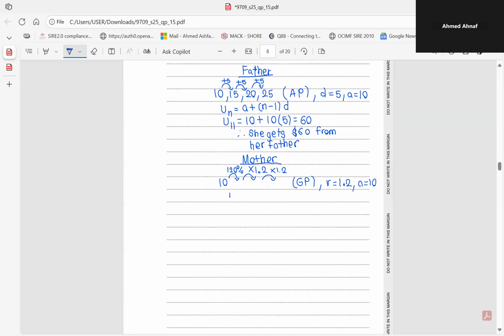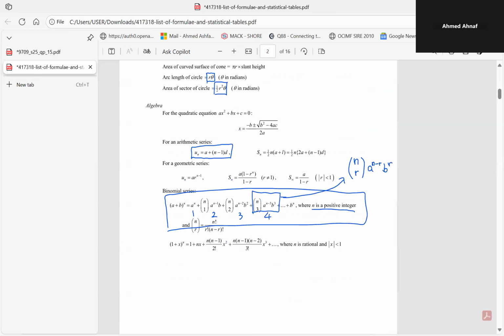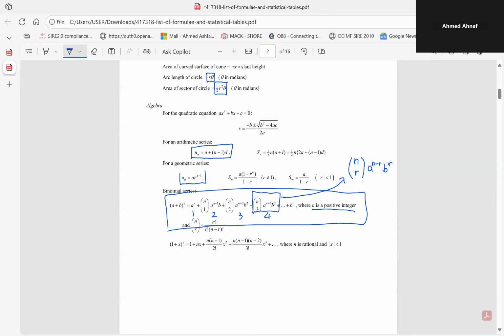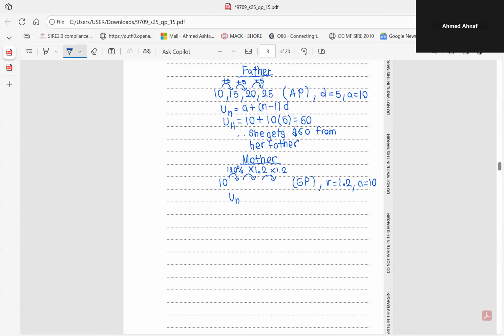So let's find the general term formula for a geometric series. So it's right here. Un equals a times r to the power of n minus 1. So U11 would just be a, which is 10, times r, which is 1.2, to the power of n minus 1, which is 11 minus 1, that's 10.